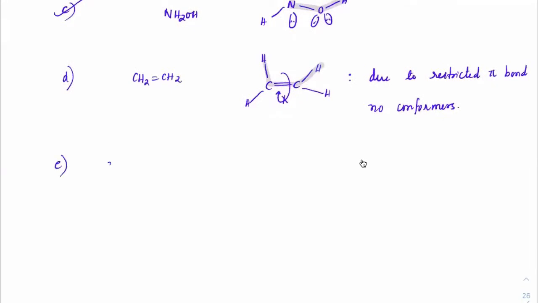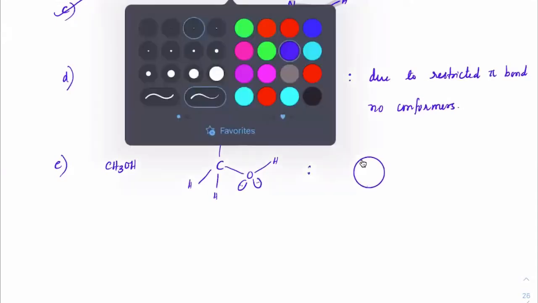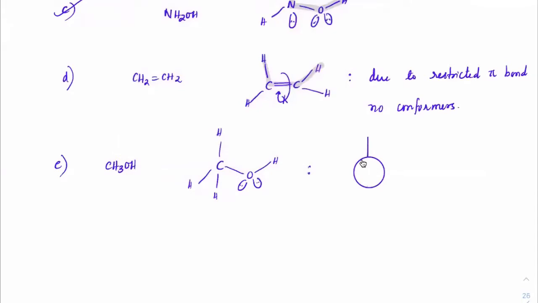Let me take one more here, like CH3OH. In CH3OH also, if you check it out, we have hydrogen, hydrogen, hydrogen here with lone pair and lone pair given, correct? If I write the Newman projection, imagine this is the back carbon. On the back carbon, I have 3 hydrogens.